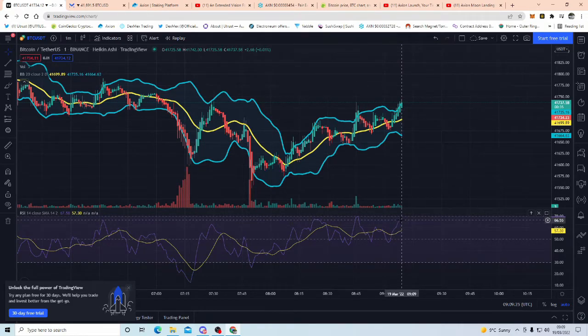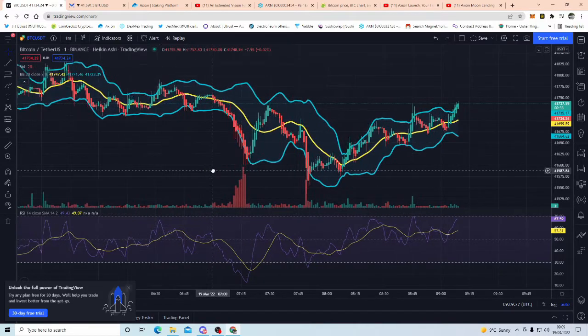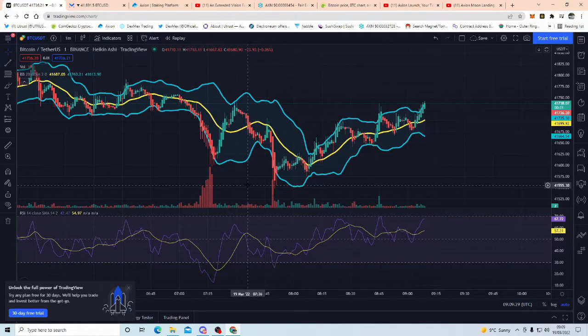Now, if you look at past history, for instance the Bollinger Band, it's come out of the lower band here, and then also confirmed again with the RSI, relative strength index. So this is giving you two confirmations that this is probably a time to put a buy order in.